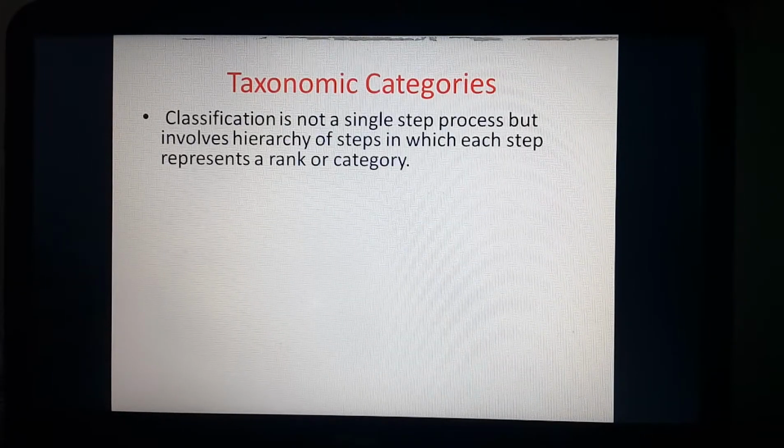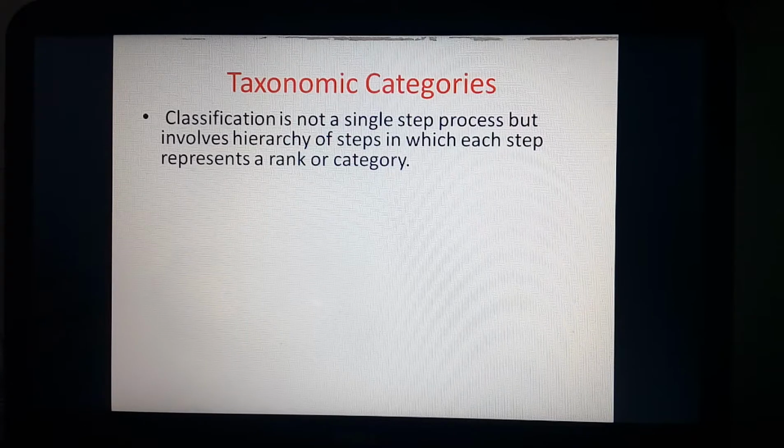The next topic is taxonomic categories. In the case of taxonomic categories, classification is not a single-step process. That means when we make a group of animals or organisms, it is not done in a single step.